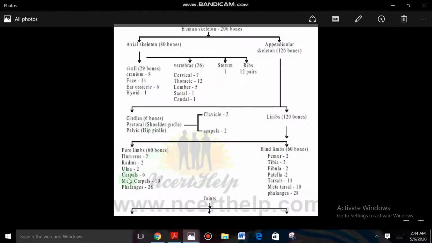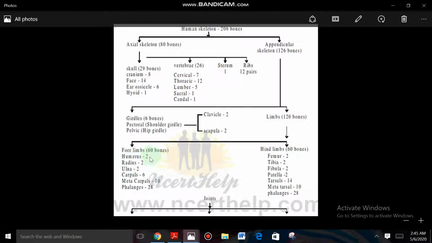And here one mistake is given: in the forelimbs, carpals, the bones presented in the region of the wrist, how many are there? 8 bones. So just correct it here.